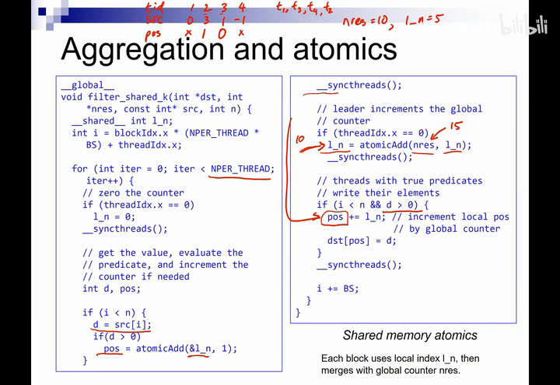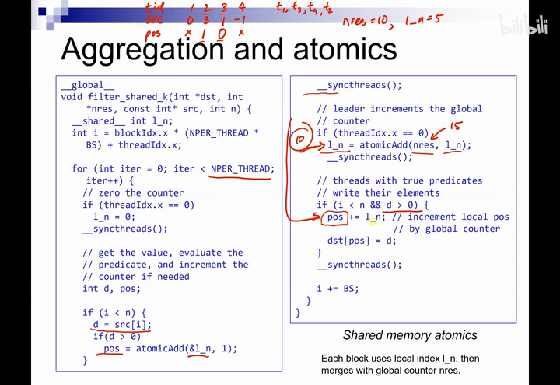So the actual position that each thread should write into is equal to the number of positive values that have been discovered up to now globally, which is 10, plus the number of positive values discovered in this thread block, which are these position values.